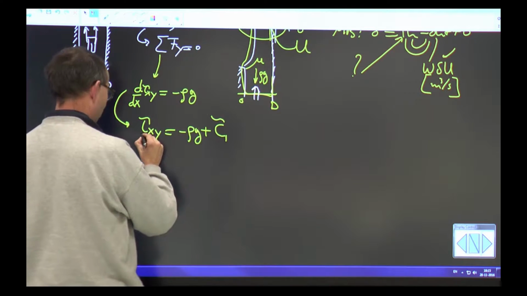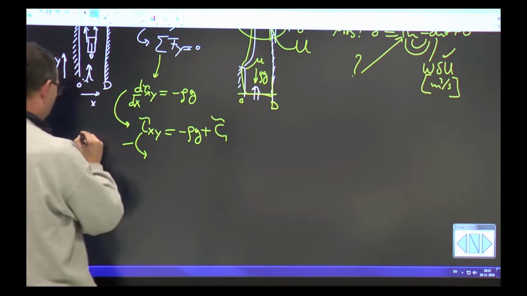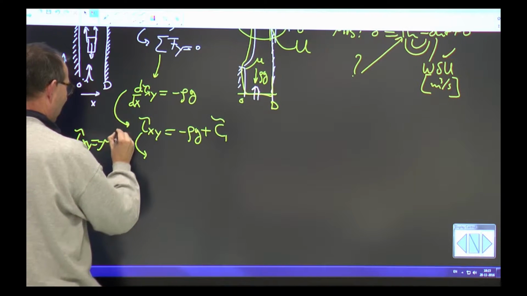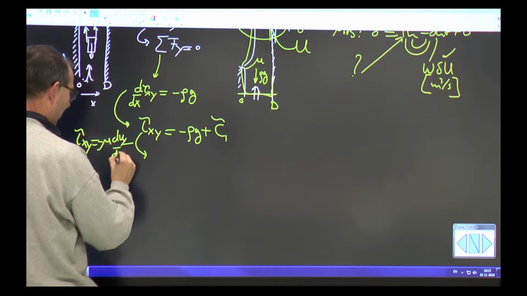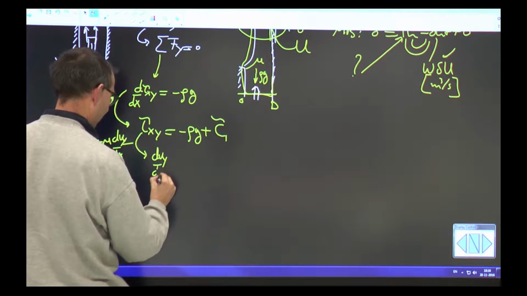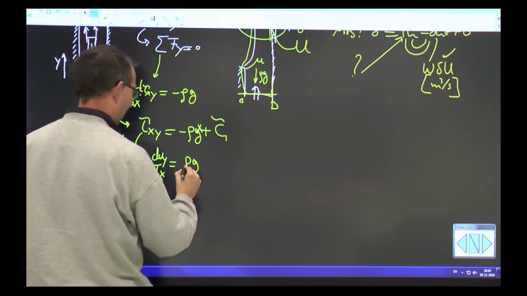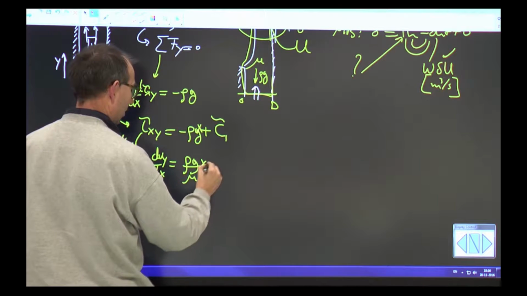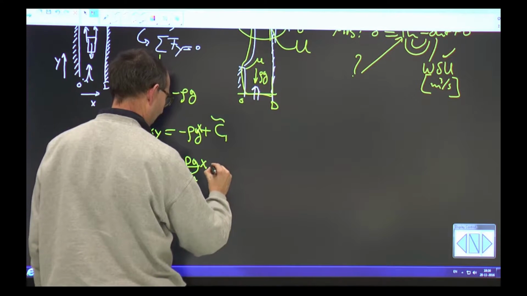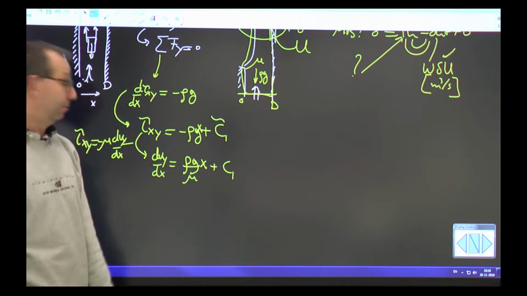So I need to continue and leave this constant in and use that this is Newtonian. So that tau xy equals also minus mu dvy/dx. And thus dvy/dx equals rho g x over mu. I divide by minus mu, so this gets also divided by minus mu, but I can call that a new constant C1 because I don't know what it is anyhow.